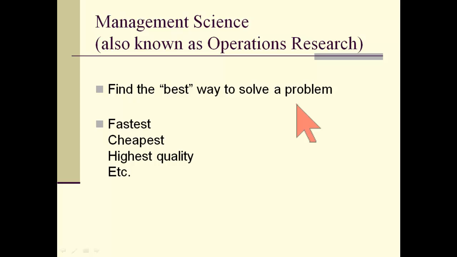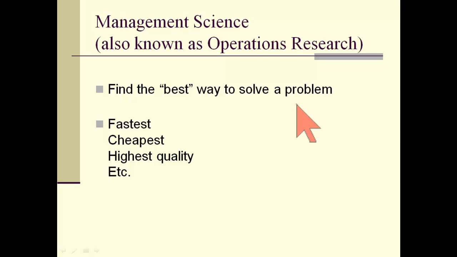This is typical of a situation in a branch of mathematics called management science or operations research. It's to find the best way to solve a particular problem, and what best is depends on the application that we're talking about. If you're doing a job like painting curbs, you probably want to get done in the fastest way possible.